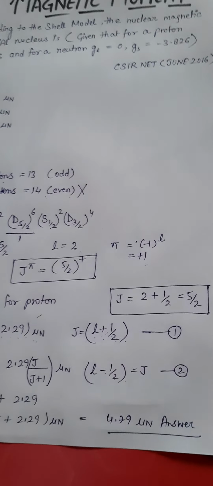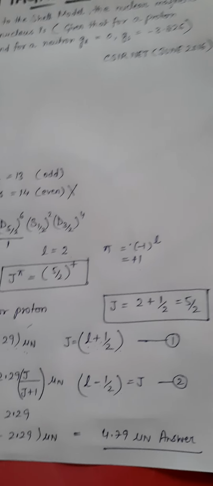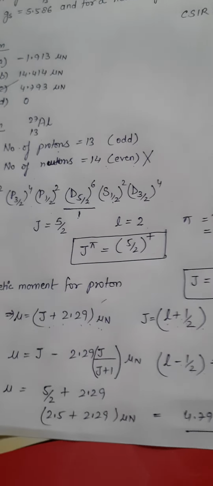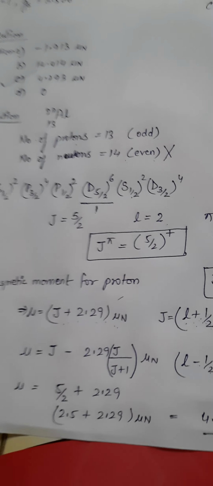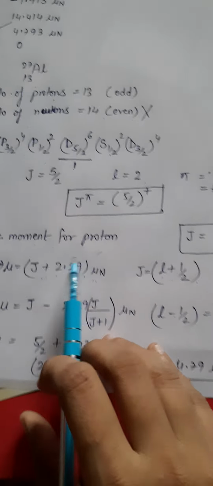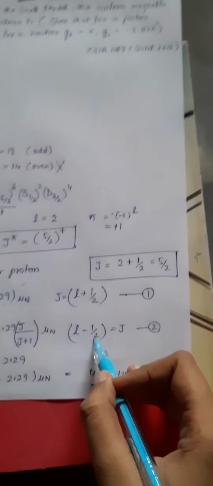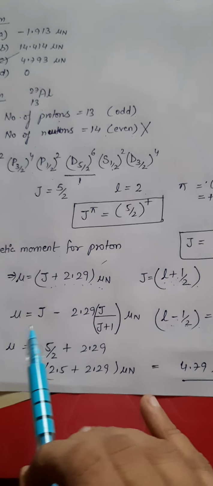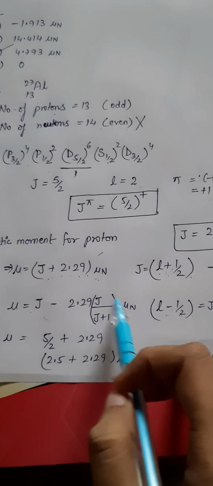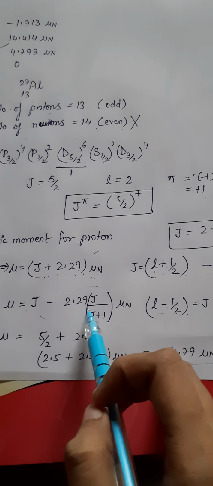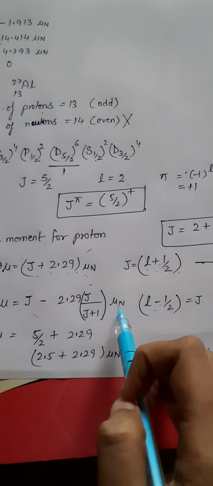If we get the value of J with the L plus half rule, then we can calculate the magnetic moment with this formula. And if we get J equal to L minus half, then we calculate the magnetic moment by this formula: J minus 2.29 J by J plus 1 mu n.